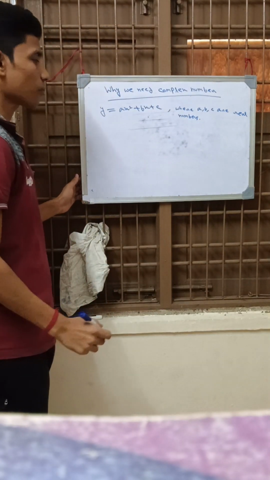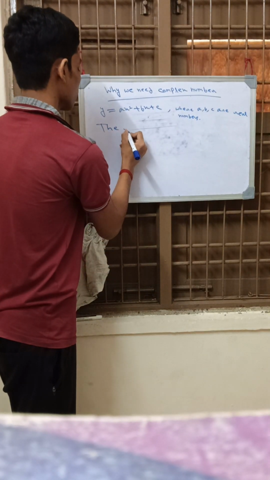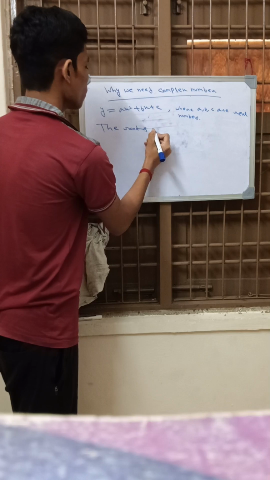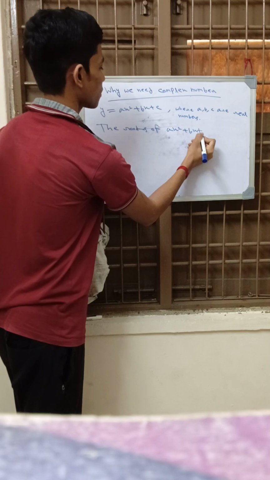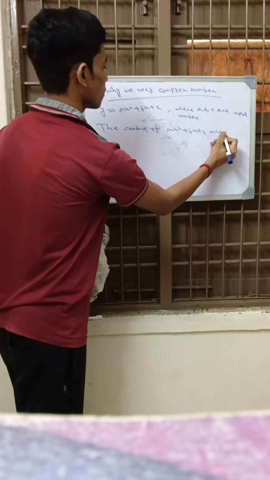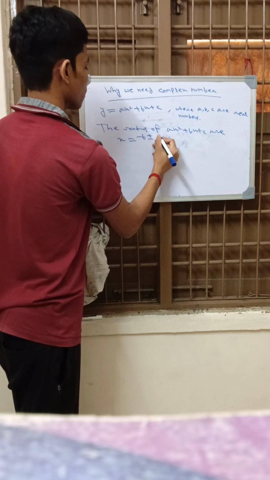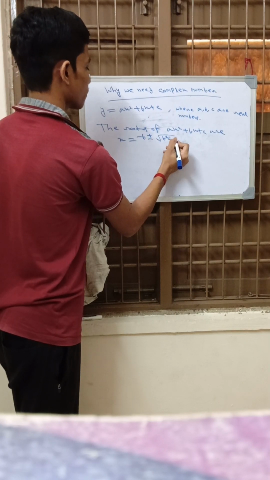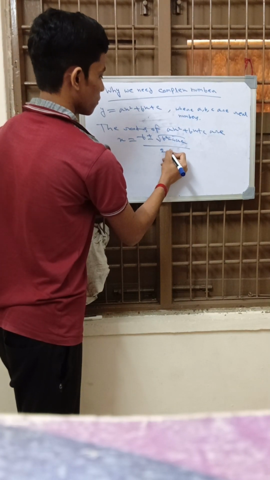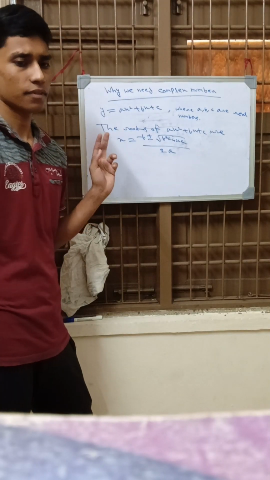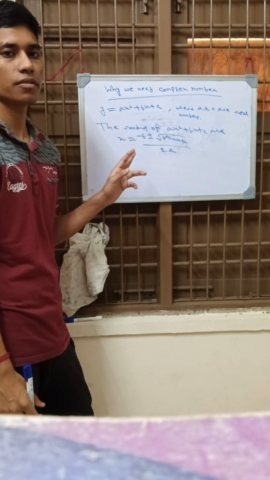We all know the roots of this equation, ax square plus bx plus c: x equals minus b plus minus square root of b square minus 4ac, by 2a. Whether the root is real or not depends on its discriminant, b square minus 4ac.